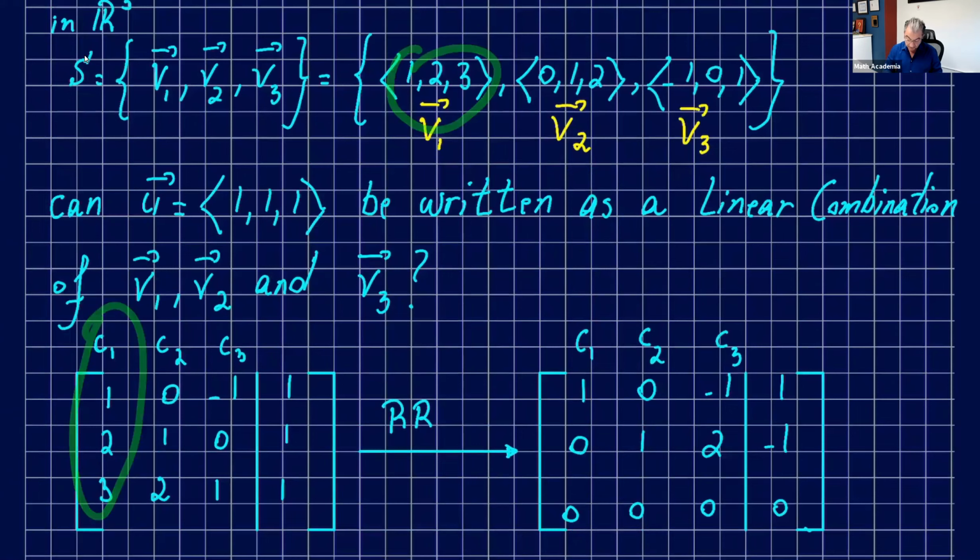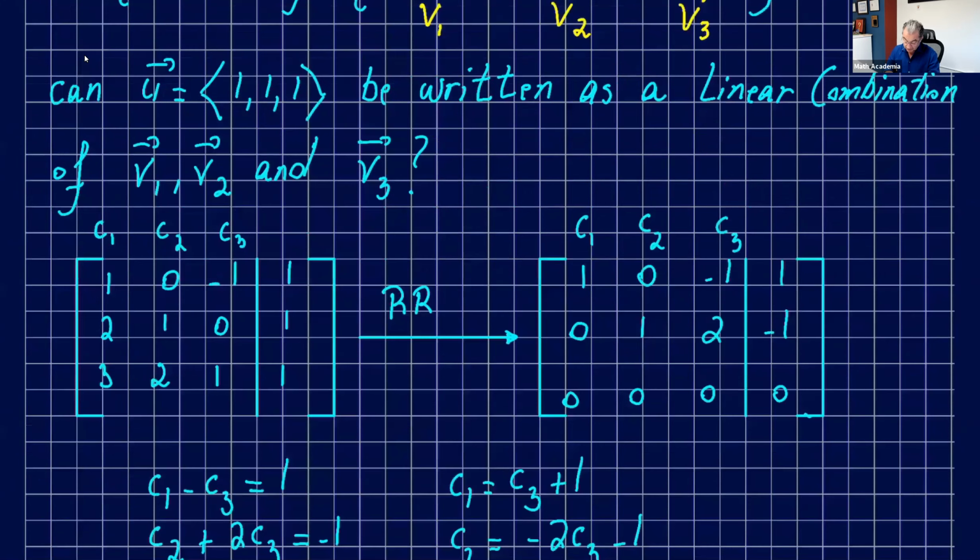For C2, it's 0, 1, 2. And for C3, we have negative 1, 0, 1. And of course, this is the vector U.